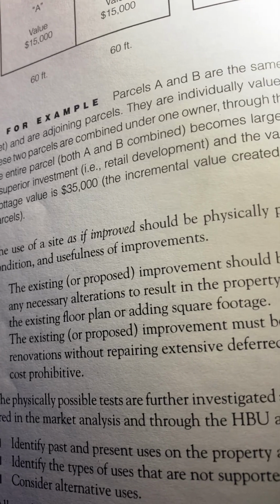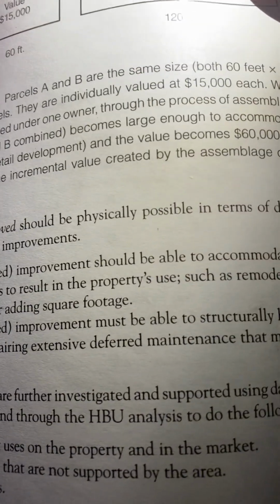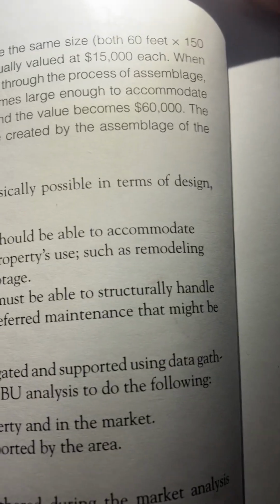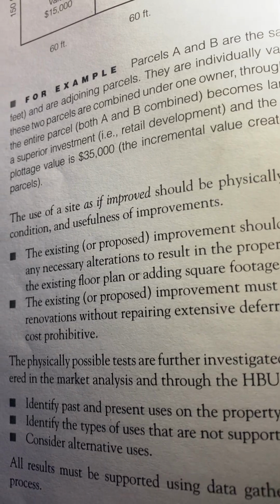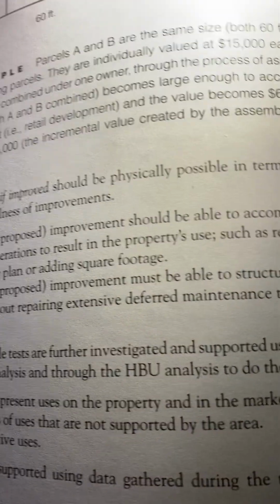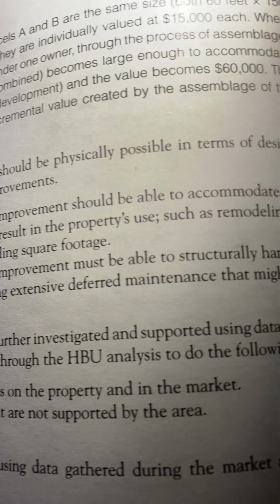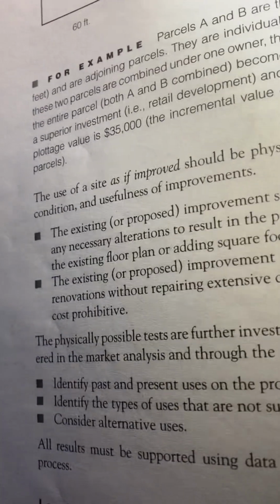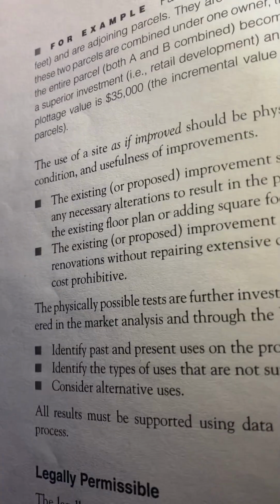The use of a site as if improved should be physically possible in terms of design, condition, and usefulness of improvements. The existing or proposed improvement should be able to accommodate any necessary alterations to result in the property's use, such as remodeling the existing floor plan or adding square footage.